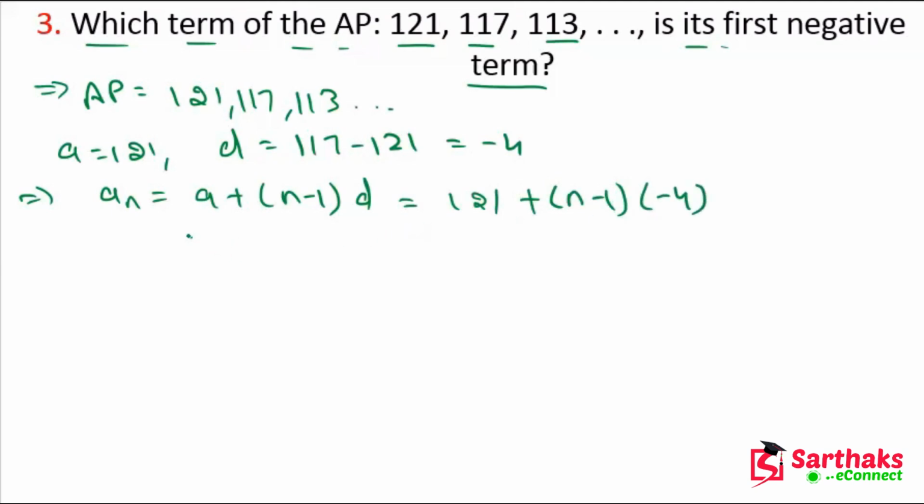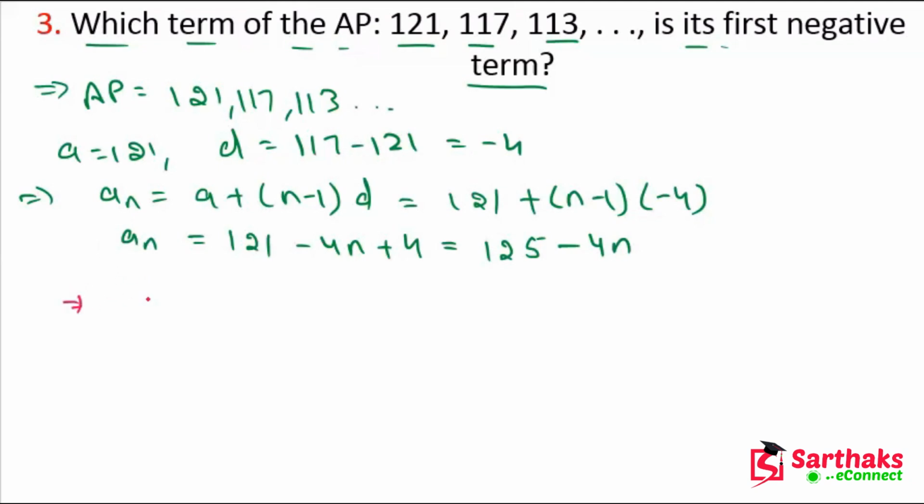If we solve it, we get 121 minus 4n plus 4, so 125 minus 4n. So an is equal to 125 minus 4n. So now we have to find the first negative term of the series.